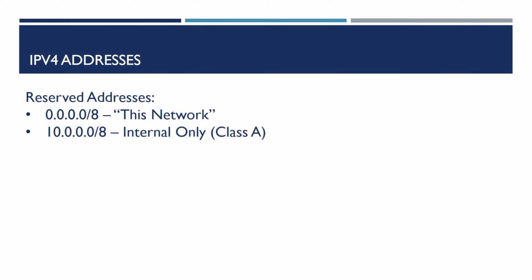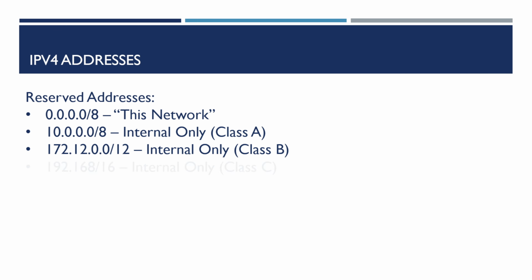Next is 10.0.0.0/8. Anything beginning in a 10 is reserved for internal use only. It means it can be on a local area network. It does not exist on the public side. 172.16.0.0, anything starting in 172.16 through 172.31, is an internal only address again.